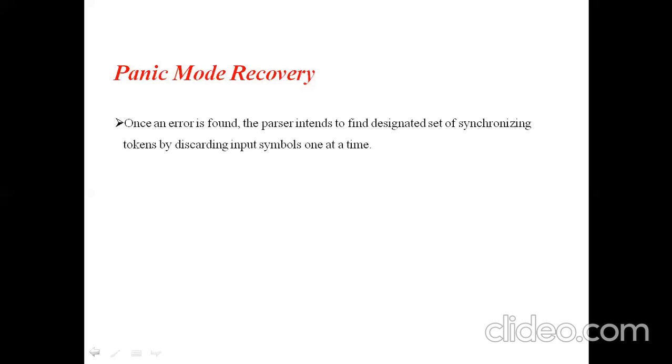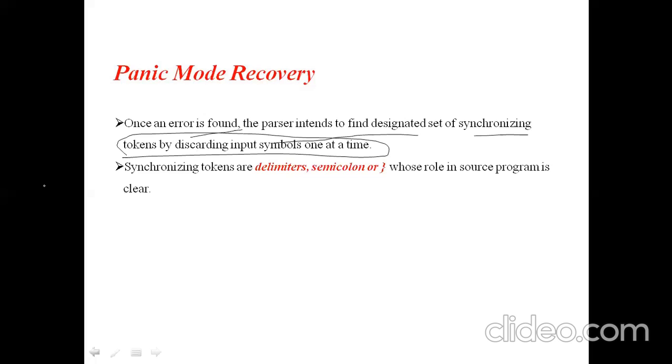Once an error is found, the parser intends to find a designated set of synchronizing tokens by discarding the input symbols one at a time. The designated set of synchronizing tokens means the required tokens. Generally, the synchronizing tokens may be delimiters, semicolon, or closed brace, etc. Why?